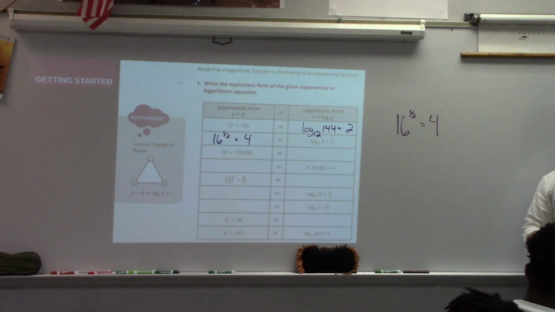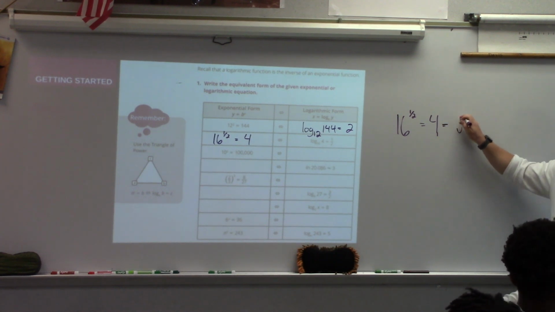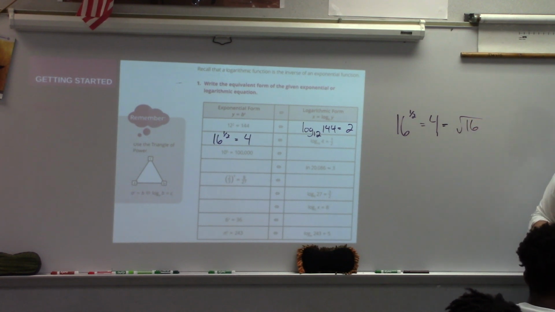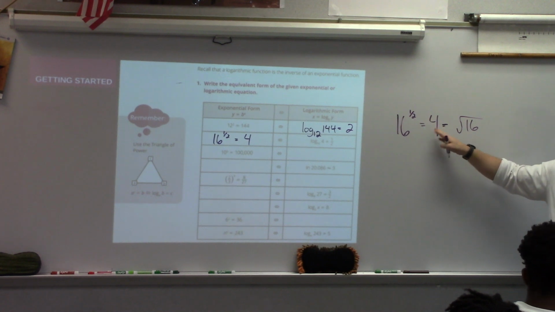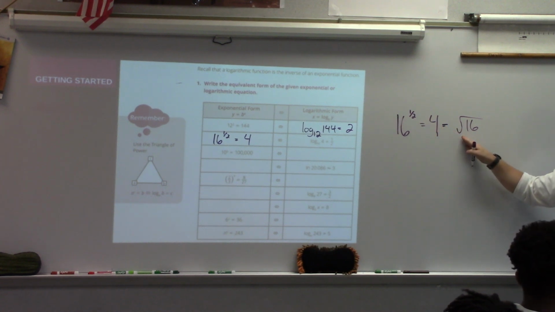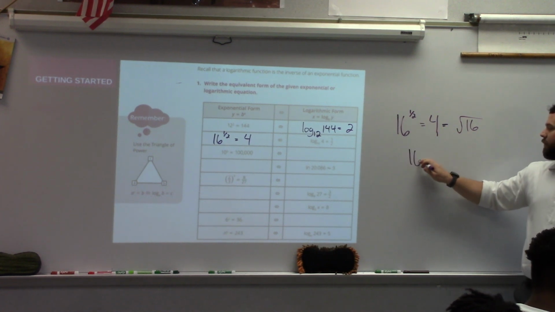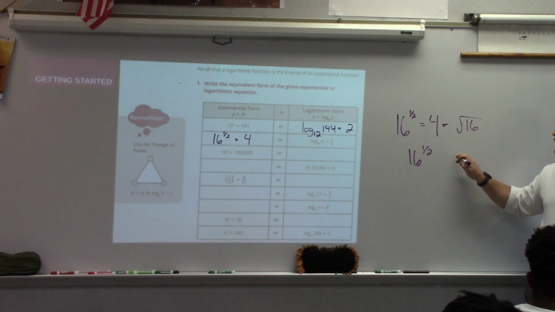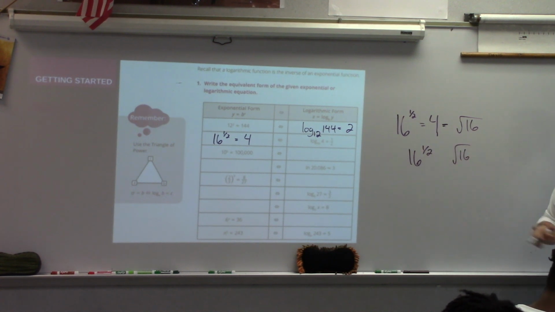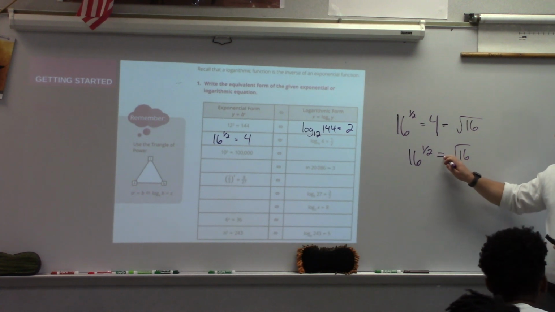Square root. Couldn't you obtain the square root of 16 to get 4? The reason I bring this up, especially if you take a pre-calc class in the future, is we want to notice that 16 to the 1/2 is equal to 4, which is also equal to the square root of 16. What does that tell us about 16 to the 1/2 and the square root of 16? They're equivalent, okay? So that's a small detail I want to point out.